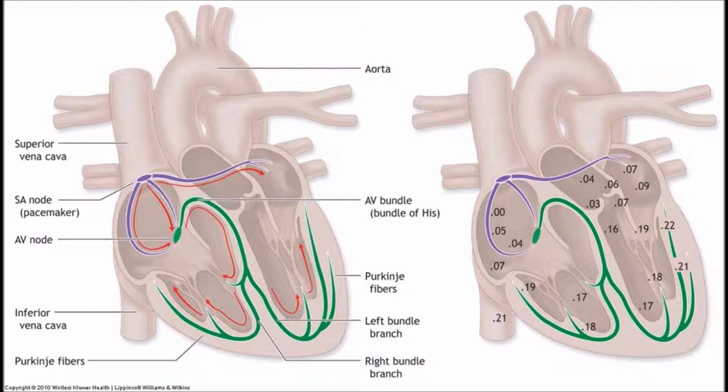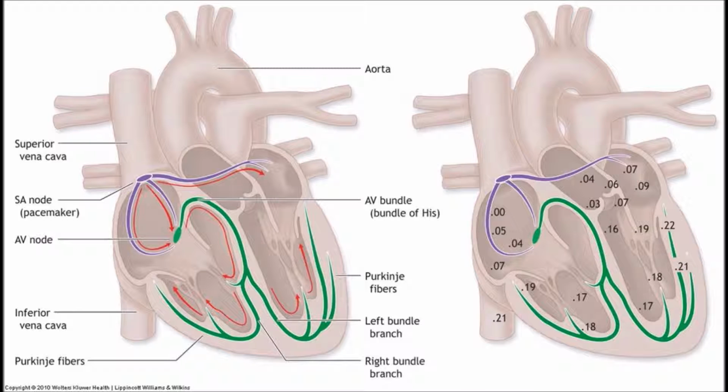Cardiac muscle tissue, along with some specialized nervous tissue innervating the myocardium, is capable of initiating its own impulse for contraction. This ability to initiate its own impulse is termed autorhythmicity.